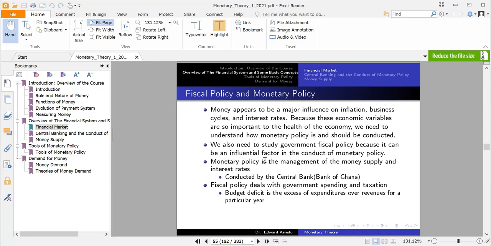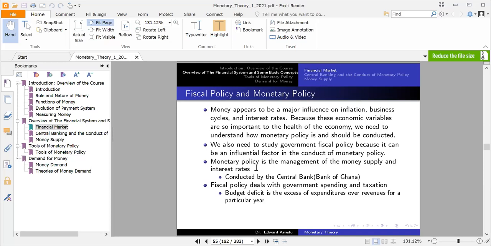Okay, so monetary policy is the management of the money supply and interest rates. How do we manage the money that is in circulation in the country, and how do we influence the rates? And if you influence the rates, that can also influence the money supply.